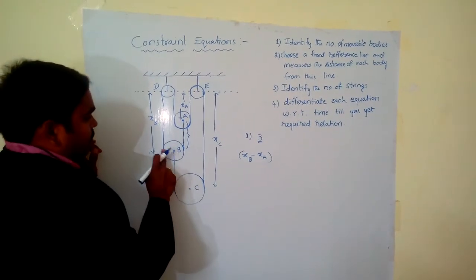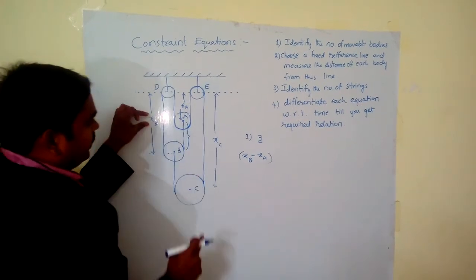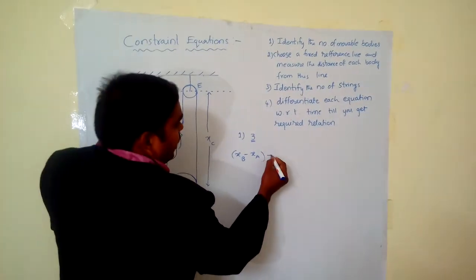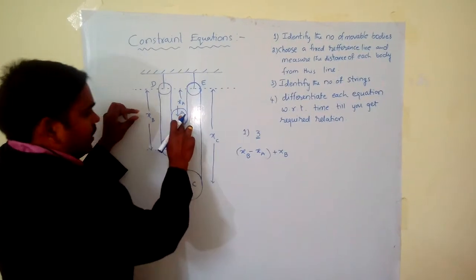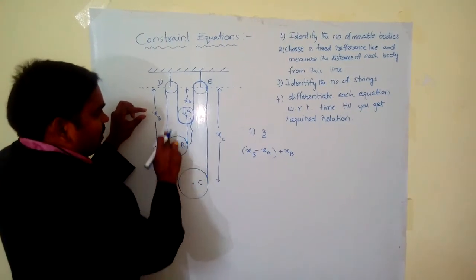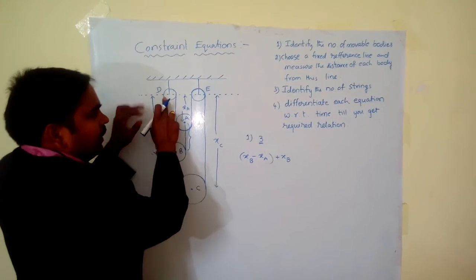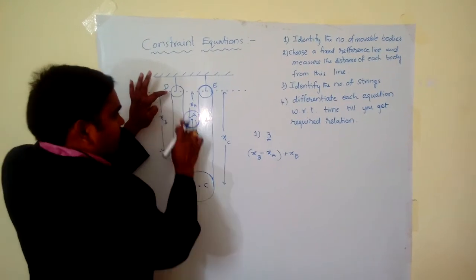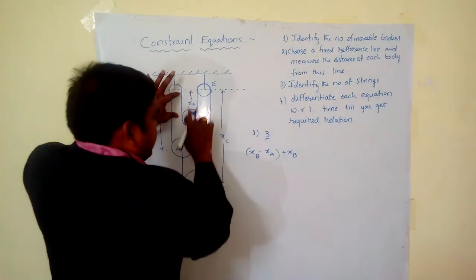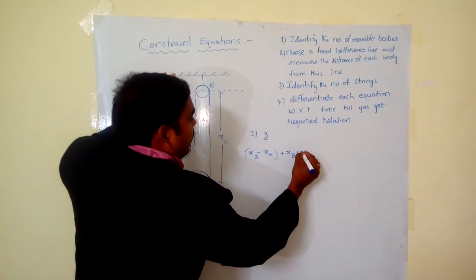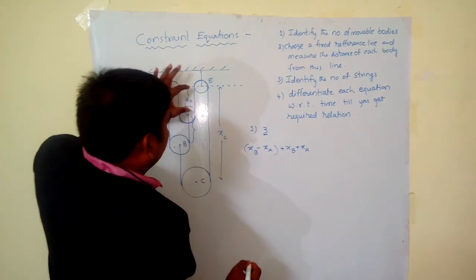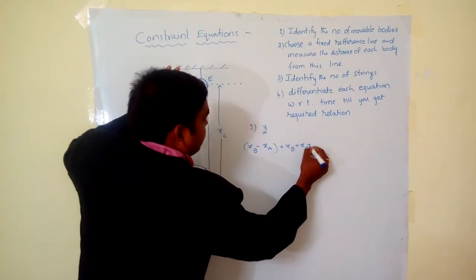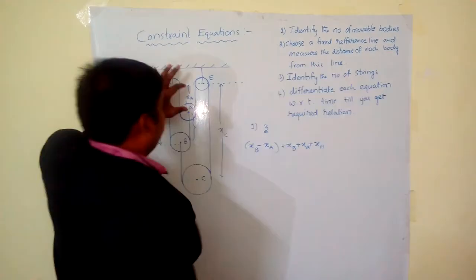And next, B to D. Clearly this distance is XB. I am adding. Now we have completed measuring the length of this string from A to D. Then D to A length, it is XA. Again from A to E it is again XA.